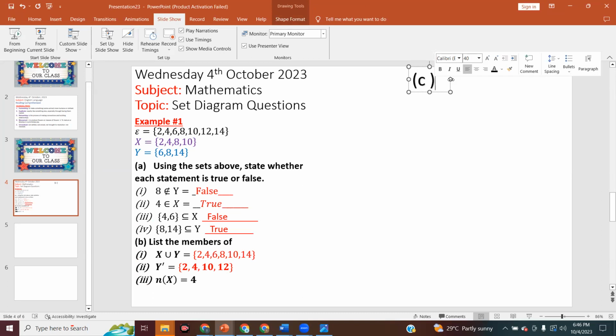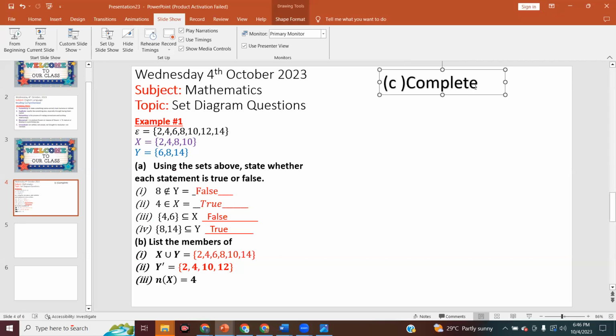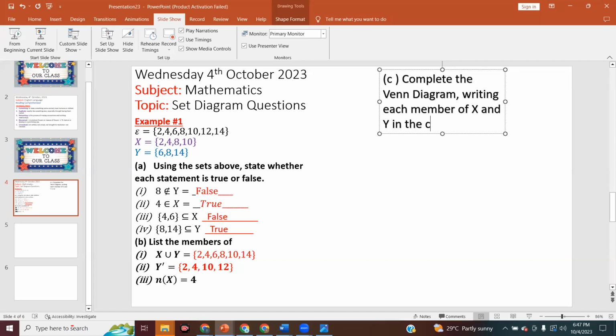This one says they want us to complete the Venn diagram, writing each member of X and Y in the correct region.